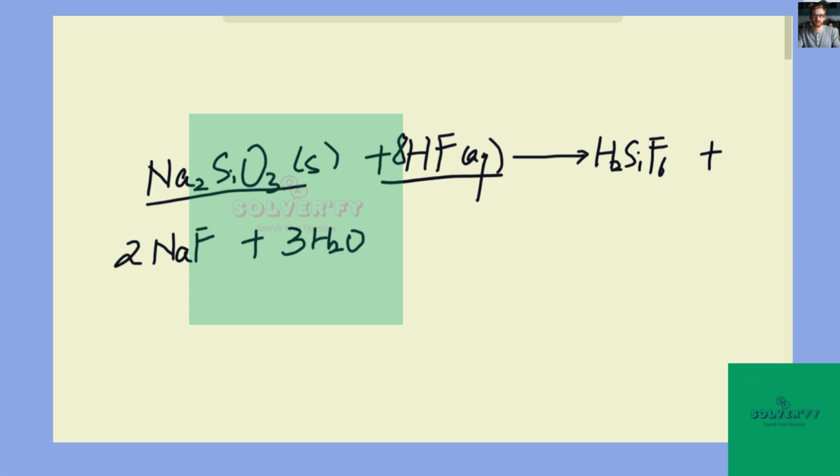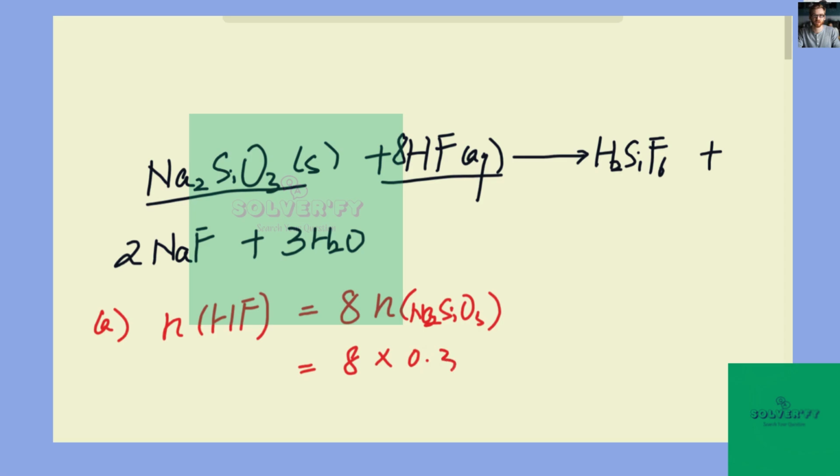You can see from the chemical equation, every time you consume 1 mole of sodium silicate, you are also consuming 8 moles of HF, which means the moles of HF equals 8 times the moles of sodium silicate. So now we can just do the calculation. You just need to plug in 0.3, so 2.4 moles of HF will be used.